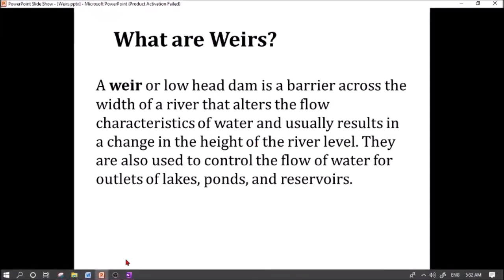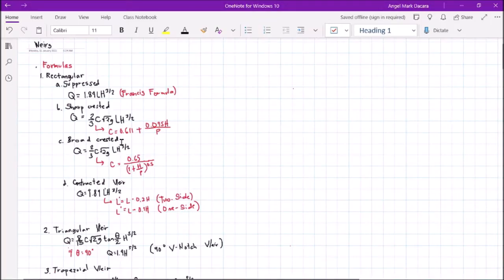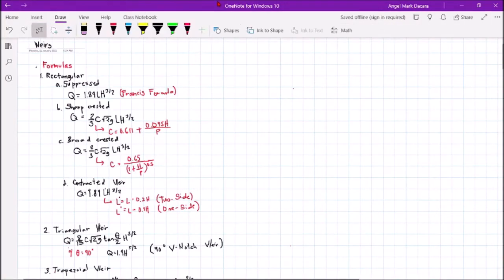Okay, so ganito. Siyempre, gawa natin ng drawing. So, ito yung mga formula. Mamaya, i-discuss natin yan. So, halimbawa, meron ka rito isang malaking dam. Okay? So, let's say this is a dam.